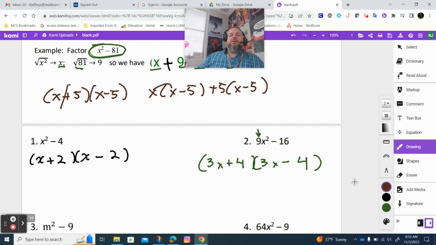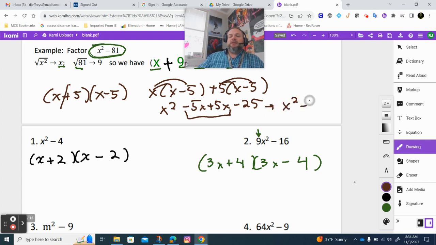I'm showing why there's a plus and a minus. Basically, I'm checking my answer. What happened to these two middle terms? They cancel, right? So that's why I have to have one with a plus and one with a minus, because if I don't, those middle terms won't cancel.